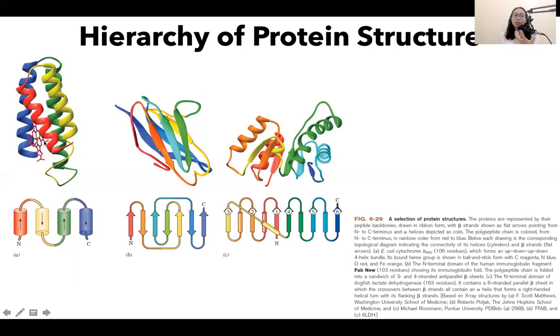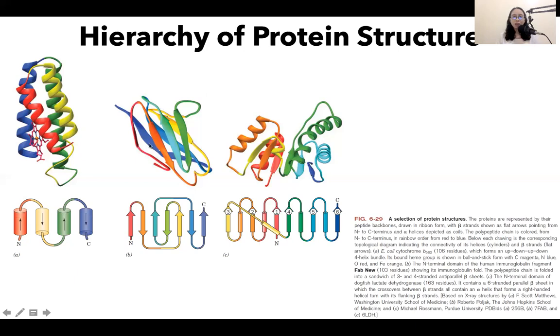In fact, we only see alpha helices that fold on each other, forming the tertiary structure of the protein. And within these alpha helices, you see a heme group that is essential to the structure of this cytochrome B.